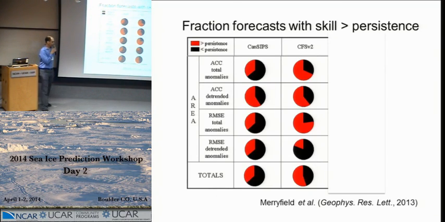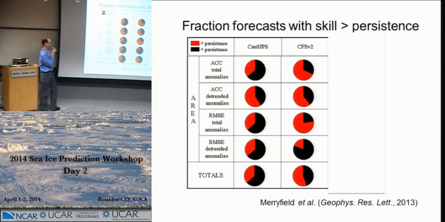So this is from a paper from Bill Merryfield, which shows the fraction of forecasts for which the skill beats the skill of persistence, indicated by red. So red is good, black is bad. And he did it for CanSIPS and for CFS version 2, for a bunch of different metrics, for total anomalies and detrended anomalies.